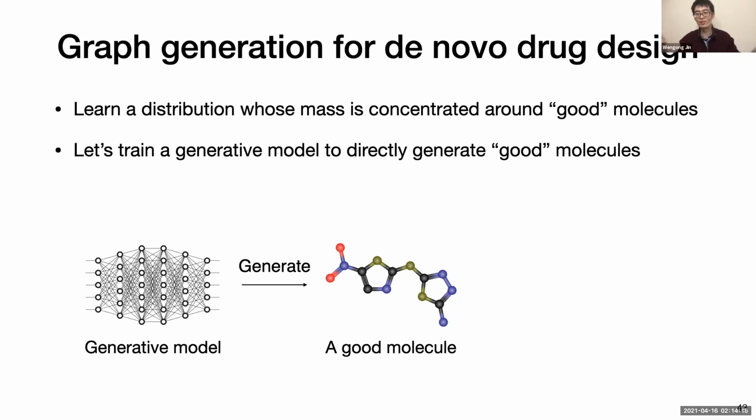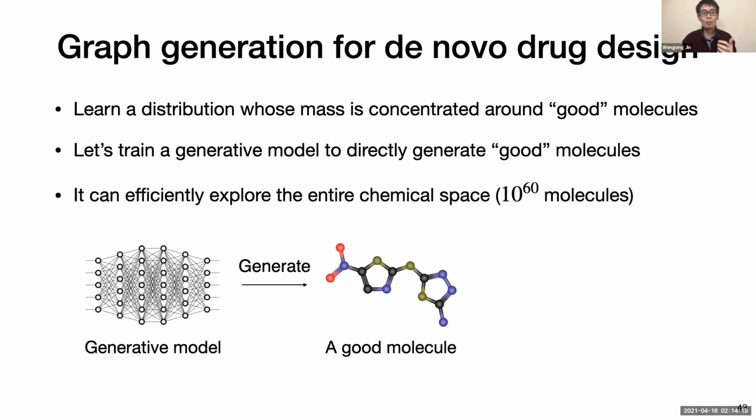Then life is good. Of course, we can efficiently explore the entire chemical space by doing this efficient sampling. But it is a challenging problem because we now need to generate graph structures rather than the numerical numbers that standard machine learning models do.